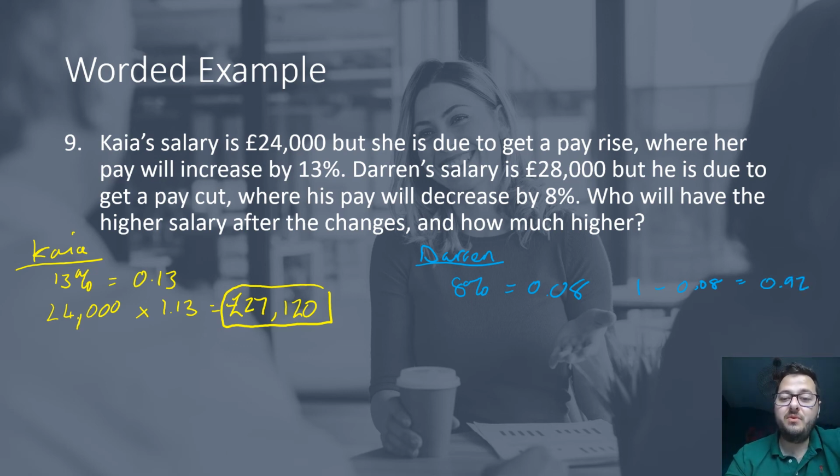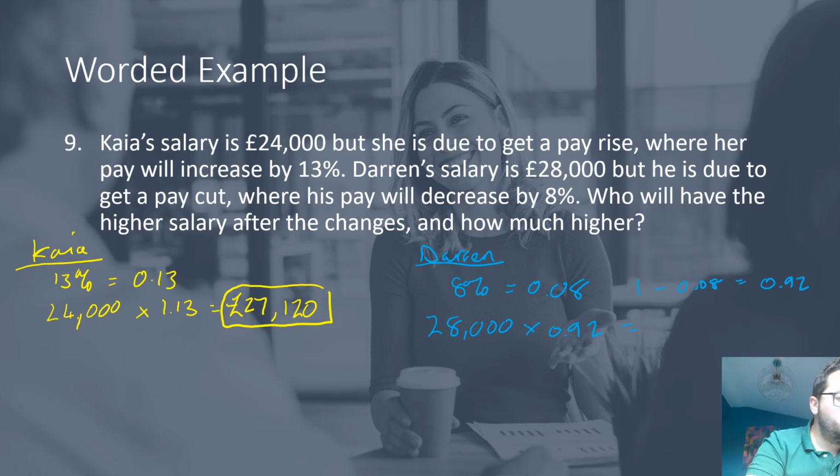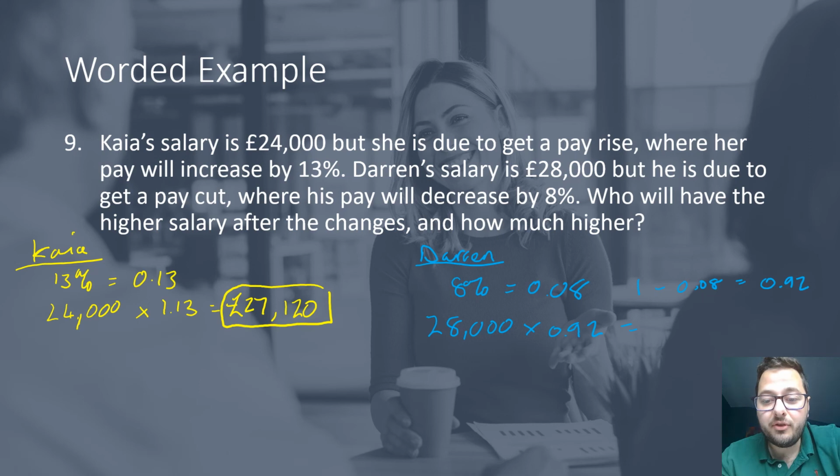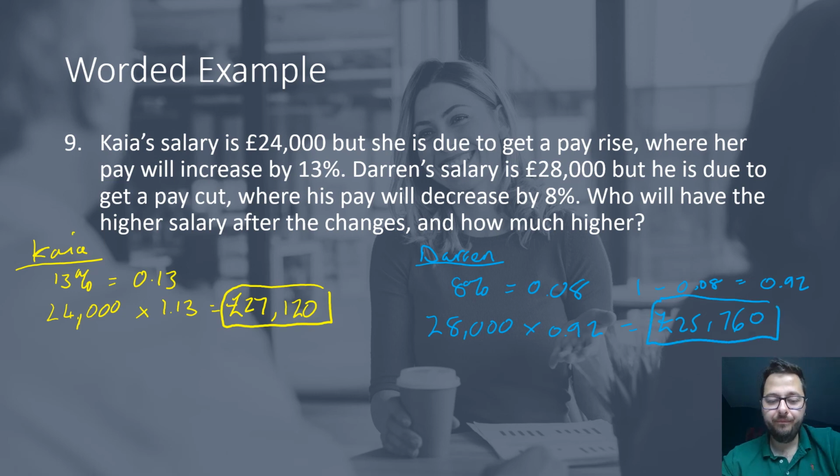So for Darren then, we want to do 28,000 times 0.92, and that's going to give us 25,760. Okay, so we know who has the highest salary after the change.